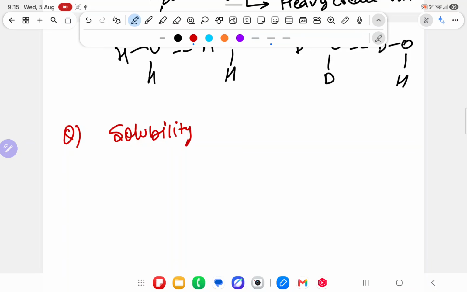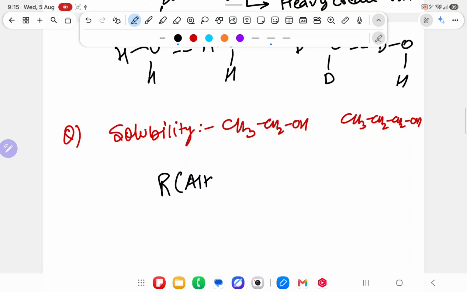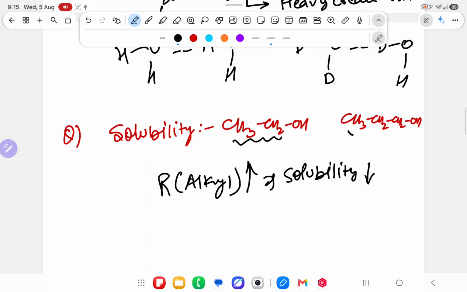They will ask which one is more soluble: first CH3CH2OH, and second CH3CH2CH2OH. Understand one thing: if the alkyl group R increases, then solubility decreases. Here there are 2 alkyl carbons, here 3, so which one is more soluble? This one is more soluble. Understood the point? Sure, short.